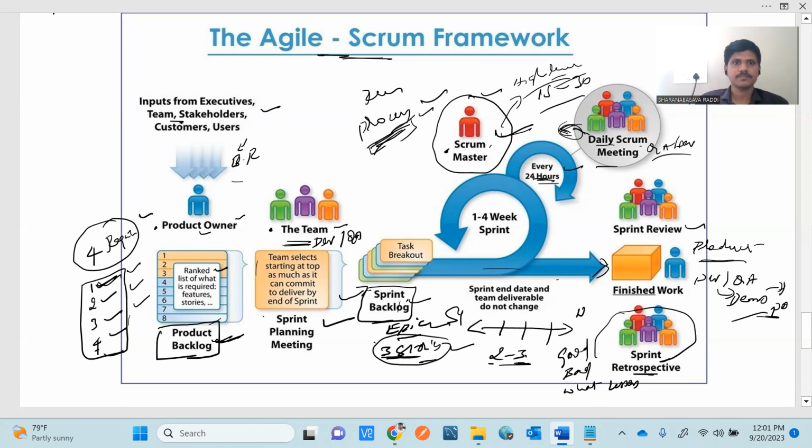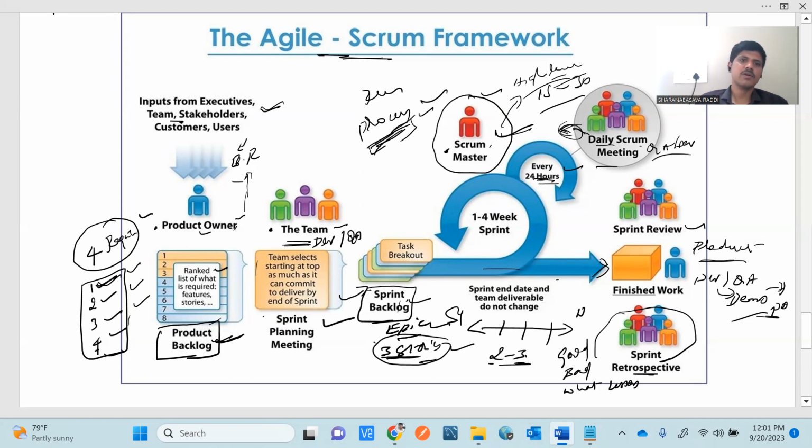Okay, so there will be a stakeholder or the customer or the client, and there will be a product owner. The product owner will have communication with the stakeholder or the client, and he collects the requirements from the client.